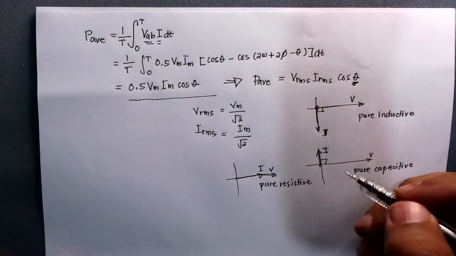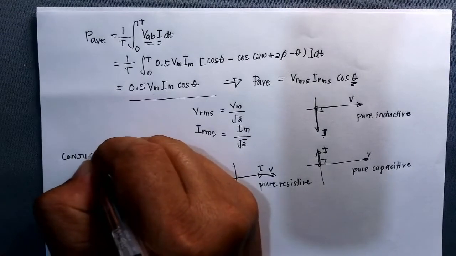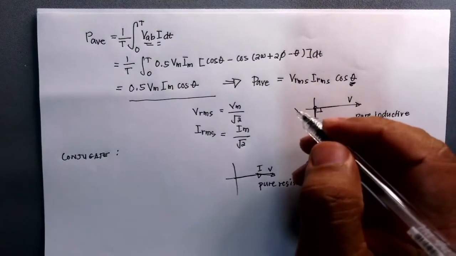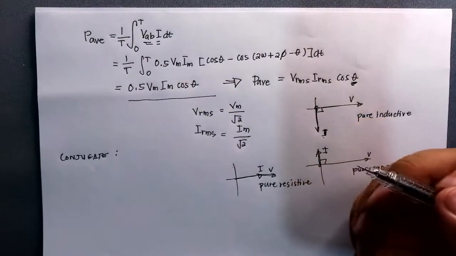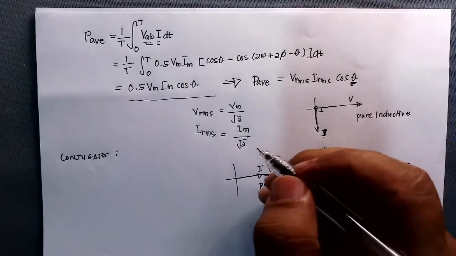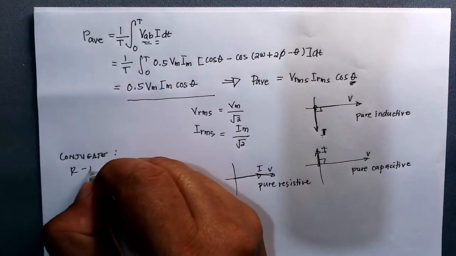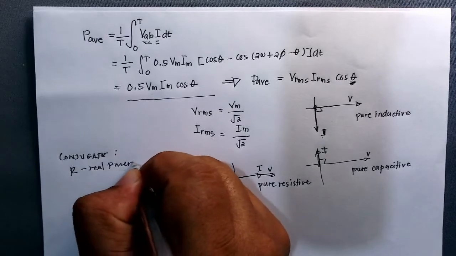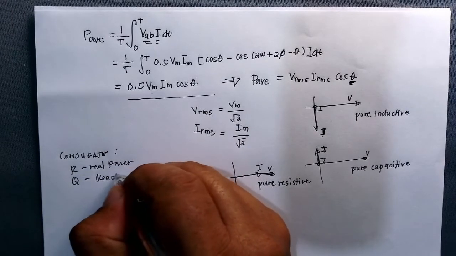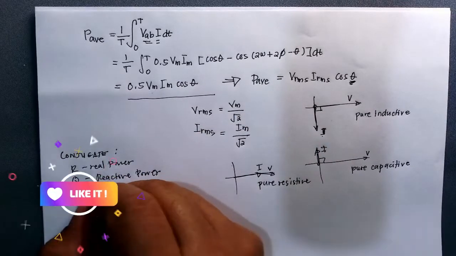Okay, now we have this so-called conjugate. It is so easy for us to get the other types of power. I want you to know that there are three types of power. We have the real power, the reactive power, and also the apparent power.